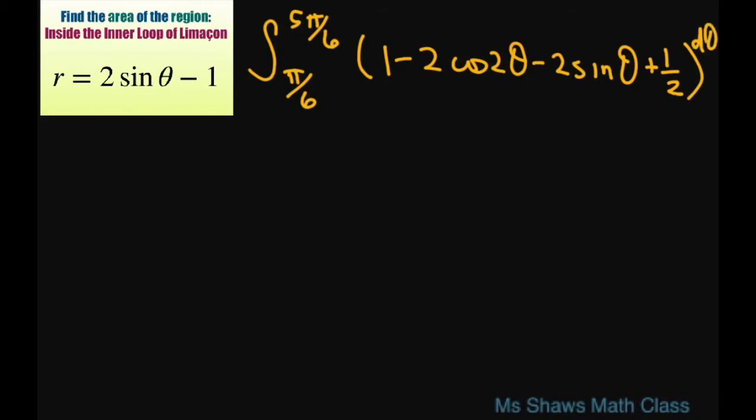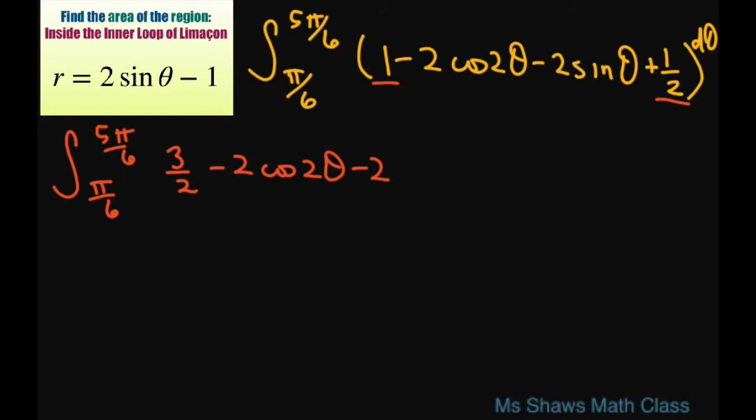Now the only thing we have to do is add the 1 and the 1/2, and that gives you the integral from pi divided by 6 to 5 pi divided by 6 of 3/2 minus 2 cosine of 2 theta minus 2 sine of theta, d theta.